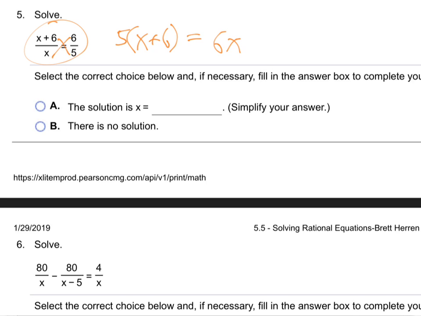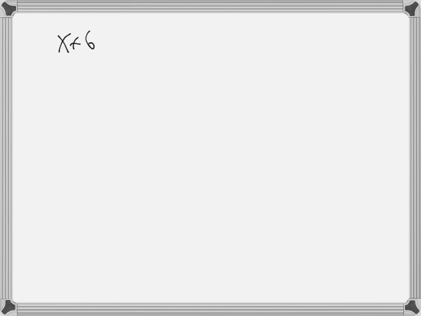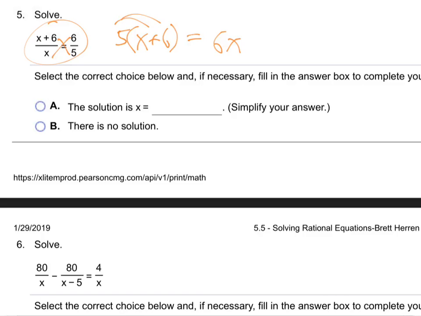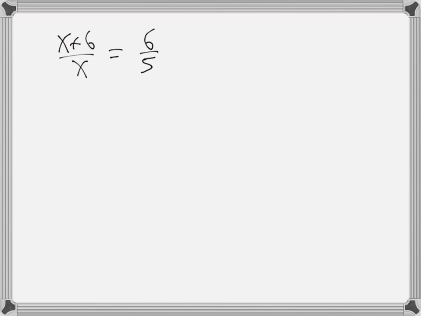And just distribute. Kind of running out of room there. I'll bring it over. x plus 6 over x. So diagonal, diagonal.